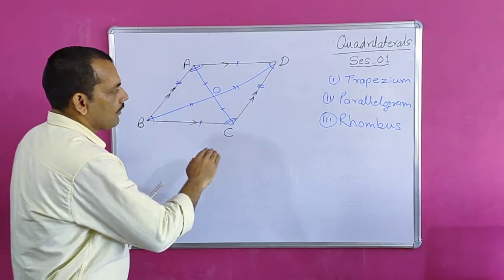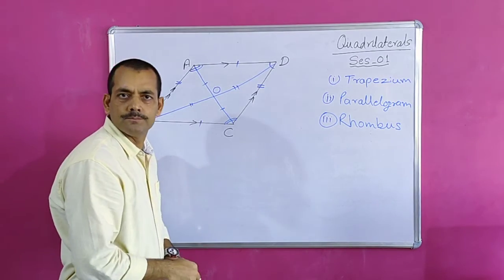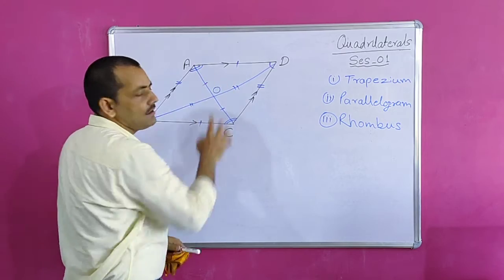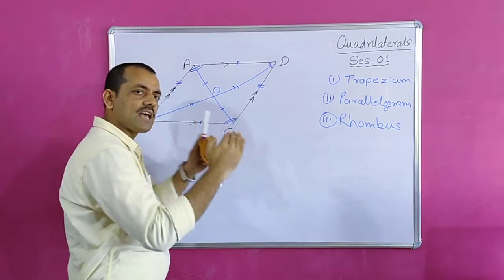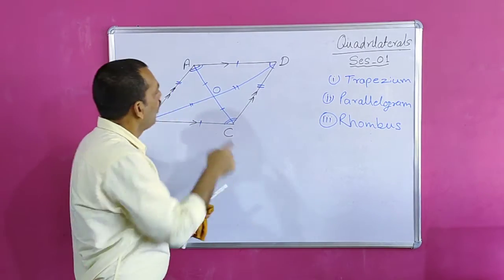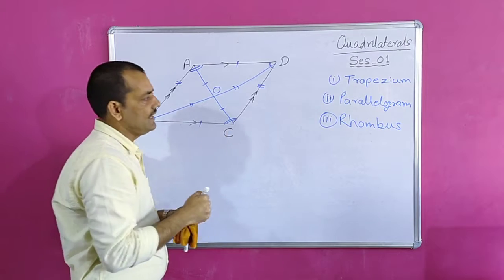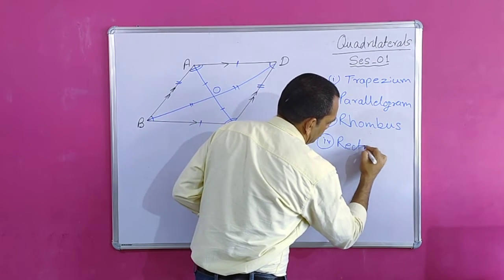Okay. Now, what if any one angle is 90 degree in a parallelogram? If any angle is 90 degree or if the two diagonals are equal, then we will get our next type, which is a rectangle.